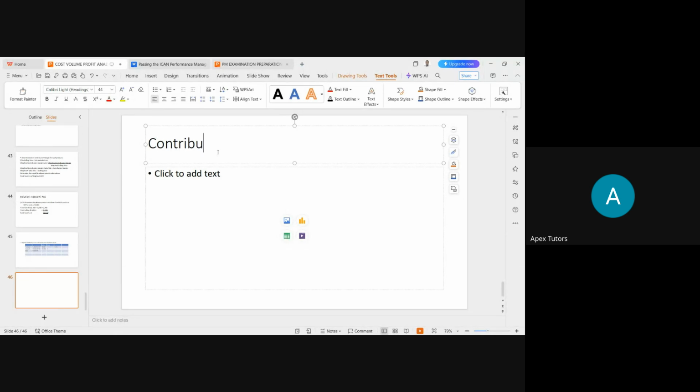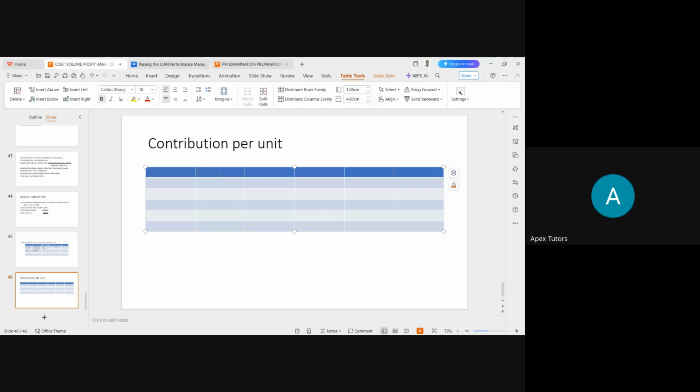So the contribution per unit will be what? For each of the products, we have product A, we have product B. So the contribution per unit is what? Selling price less variable cost.